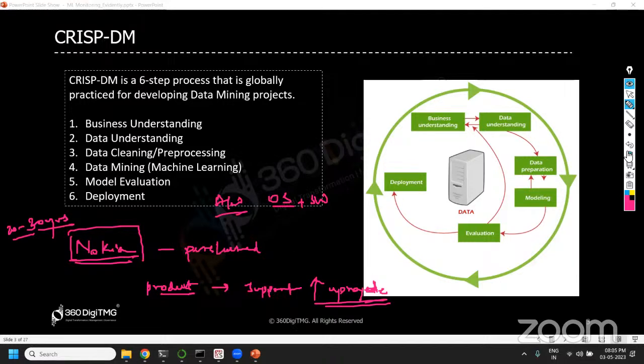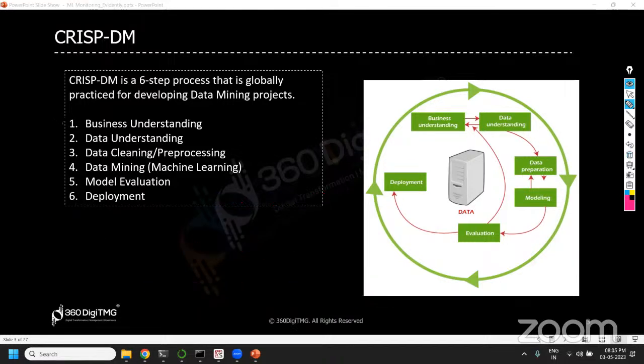This was the challenge. The same thing used to happen in the CRISP-DM methodology as well. You would be given data. This is what we do, isn't it? We get historical data. As soon as we get this historical data, forget about everything else, we jump onto the data.